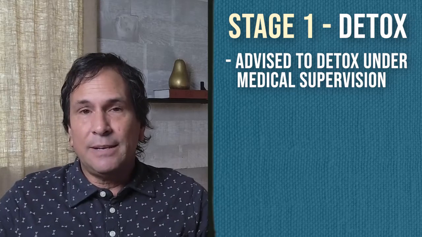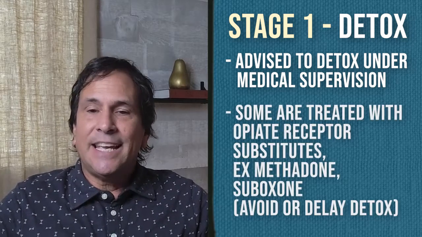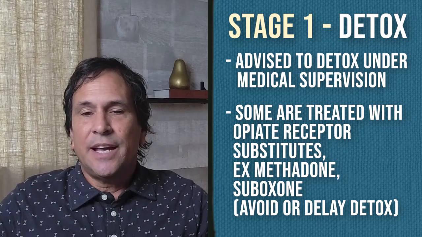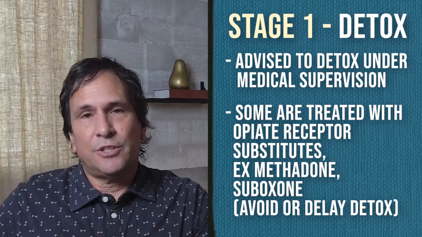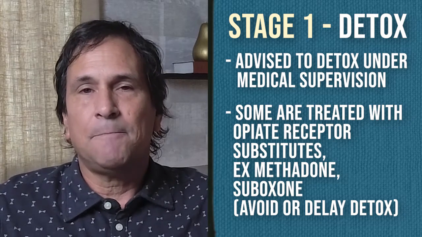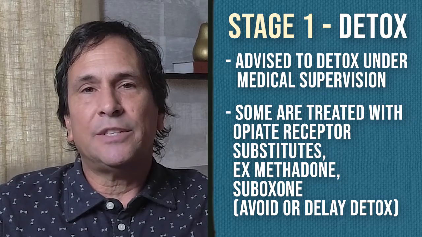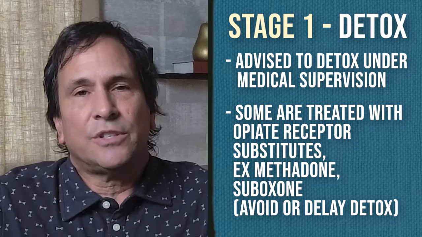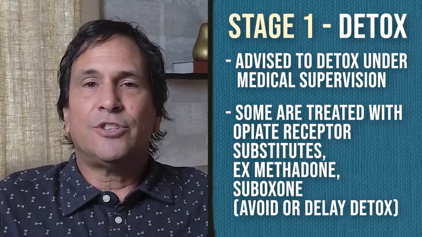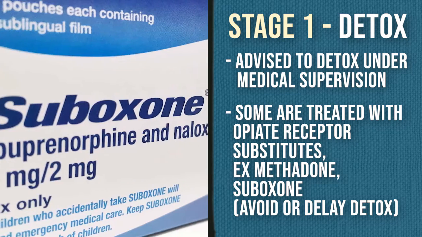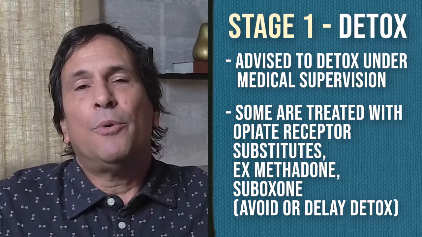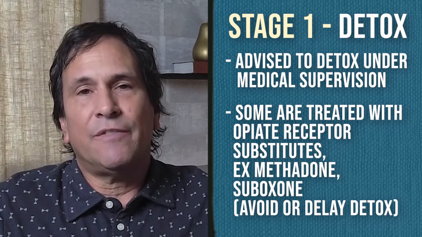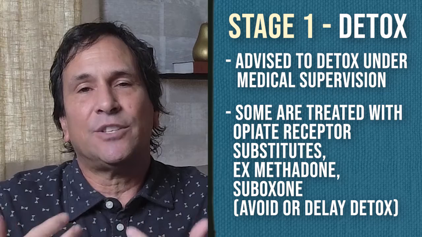Another prevailing treatment, which is a bit controversial, is to treat it with an opiate receptor substitute, which simply means that when you stop using opiates, your opiate receptors become starved, and that's what causes the withdrawal symptoms. But there's certain medications that will keep your opiate receptors from going into starvation, which would keep you from going into withdrawal.